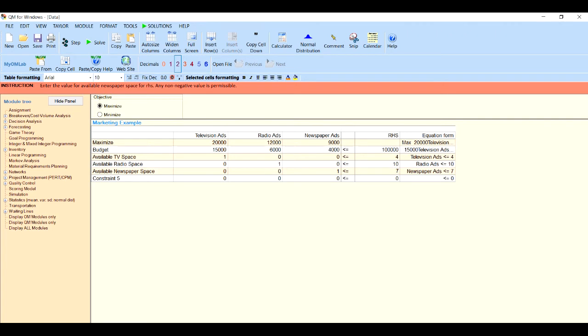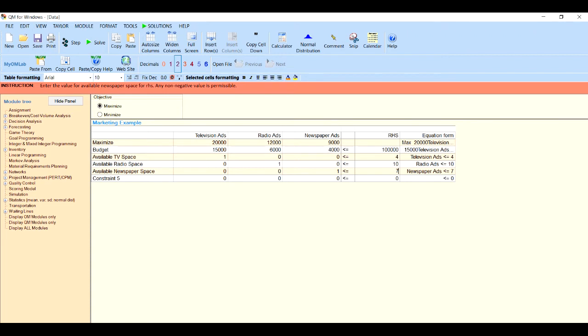So what we've shown in these first 3 is that as long as television is less than 4, radio is less than 10 and newspaper is less than 7, these are viable choices. Whatever maximizes exposure while still being less than those three and under 100,000 total costs is a possible solution.